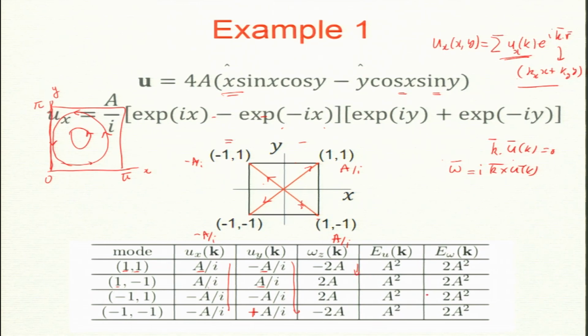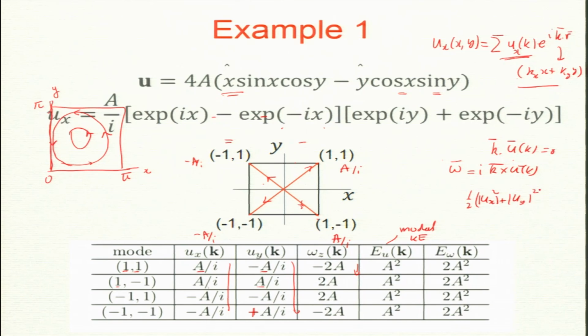What about kinetic energy? We call it modal kinetic energy, the energy of a mode. So, instead of saying kinetic energy, which is for the whole box, modal kinetic energy is the energy of a mode. So, how do I get this? Half of mod ux squared plus mod uy squared, because ux is also a complex number.